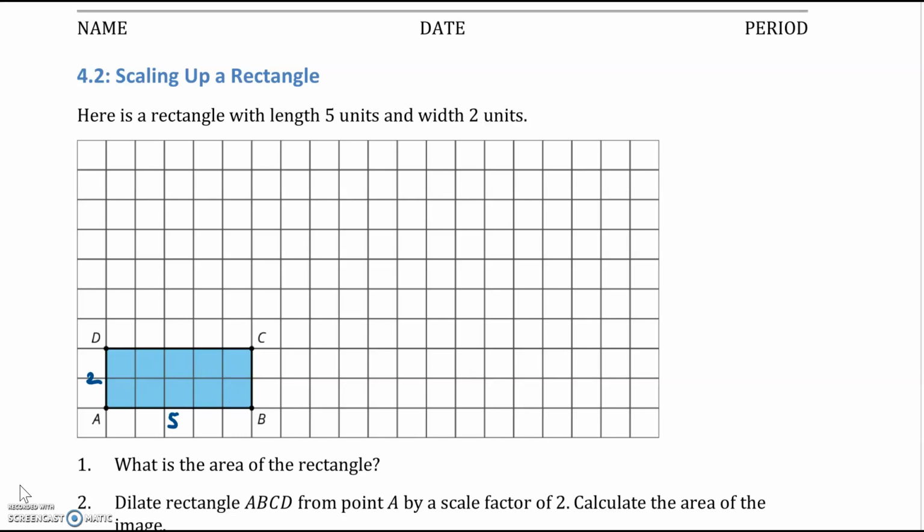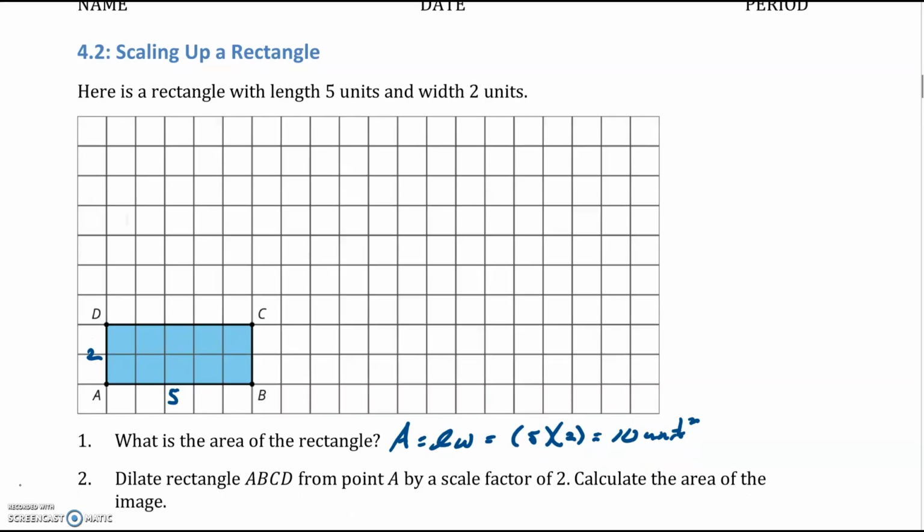We can use the formula for the area of a rectangle, which is the length times the width, and our length is 5 and our width is 2, so we know that we have the area of 10 square units. 10 square units, the area of that rectangle.